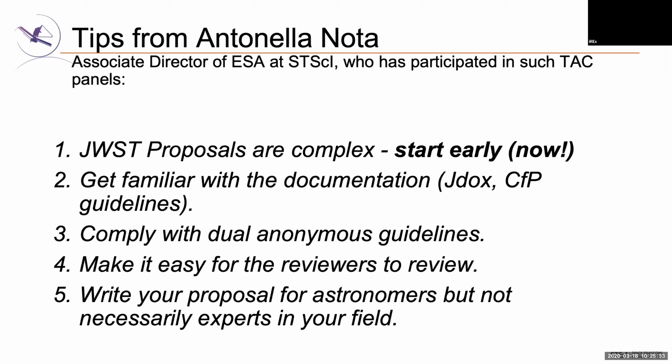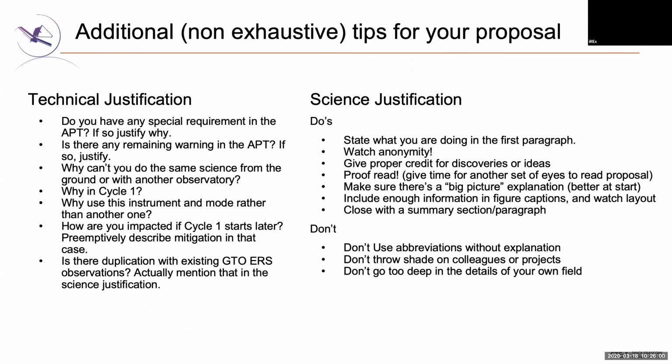Get familiar with the documentation, Jdox, the call for proposal guidelines. Comply with dual anonymous guidelines. In your writing style, make it easy for the reviewers to review, and write your proposal for astronomers, but not necessarily experts in your field. So those tips make sense, but it's good to remind you.